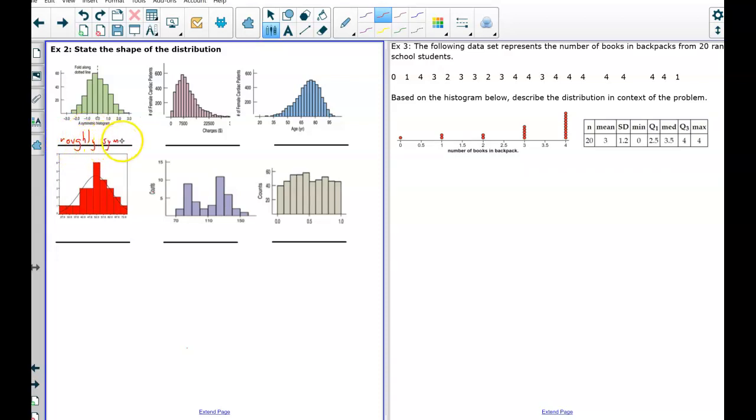So this is roughly symmetric. So use adjectives. This distribution, in the pink one, is skewed to the right. We see most of the data is towards the low end, and as you go towards the right, that tail, you have fewer data values. So this is skewed right.